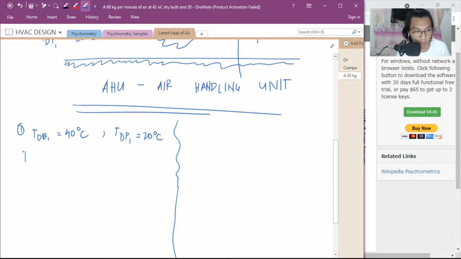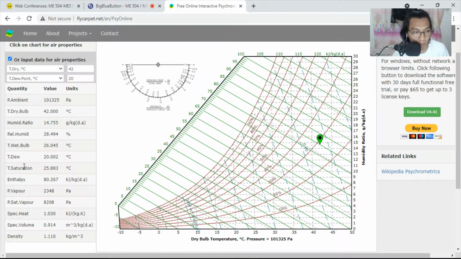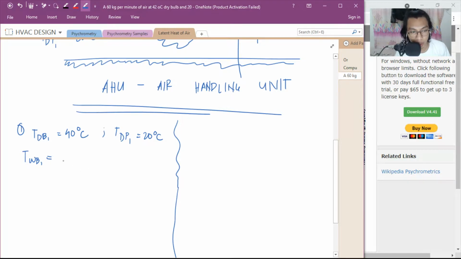Hanapin muna natin yung wet bulb. Ano yung wet bulb niya? Going back. The wet bulb is 26.045. Malapit. Pag nag-psychrometric kayo, pwede rin yan. Pero mas mabisa na to, mabilis mag-compute. 26.045 degrees Celsius. How about yung enthalpy? How about yung specific humidity?